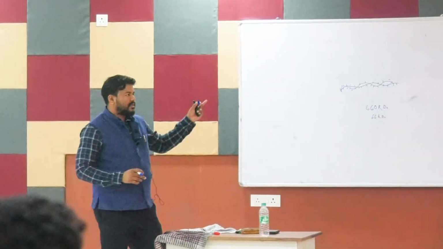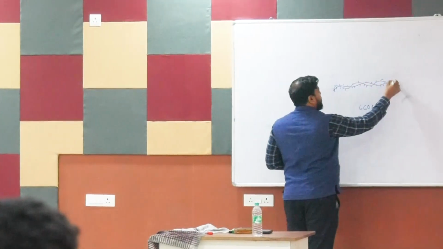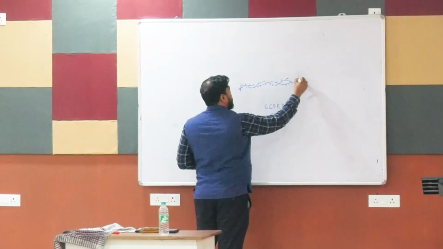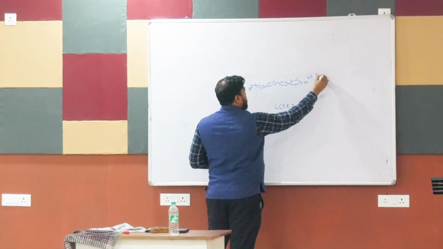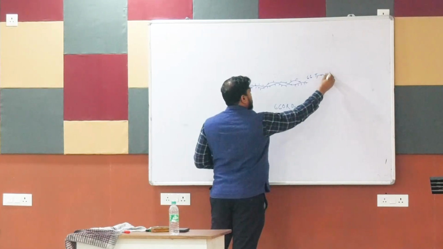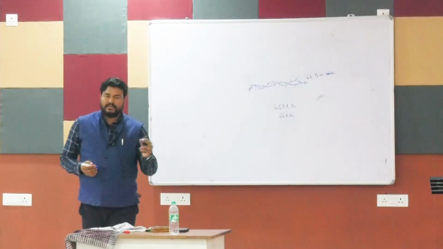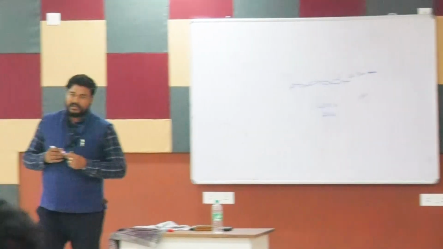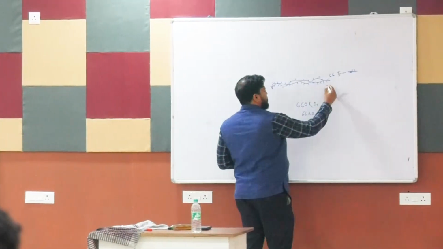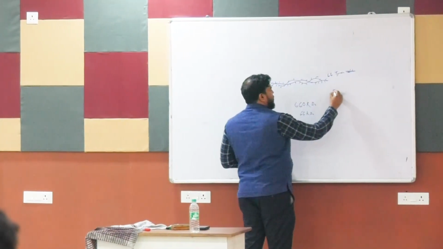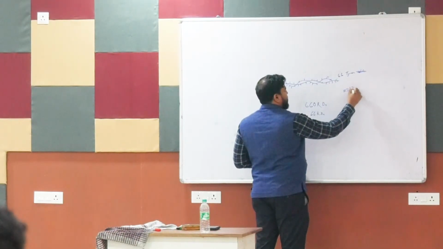Okay, it consists of 2 chains and every chain contains around 66 tyrosine residues. So the total tyrosine residues in a thyroglobulin molecule is approximately 130.